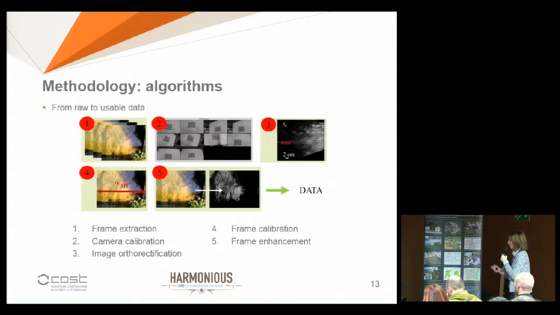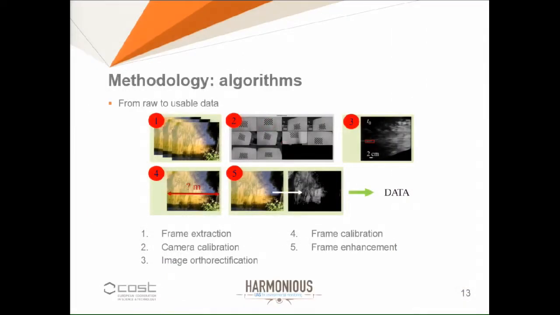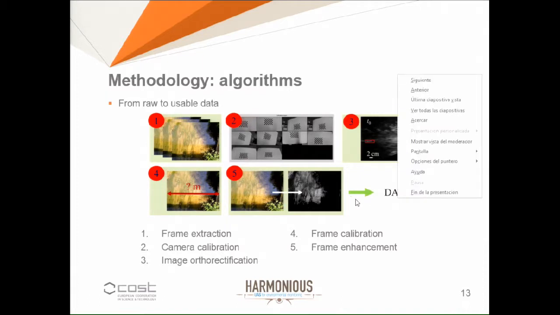Okay, so here is the standard procedure I follow in order to get actual stream flow data from images. To start with, I record videos rather than single images. So I extract frames from videos. I remove lens distortions, which I call camera calibration.